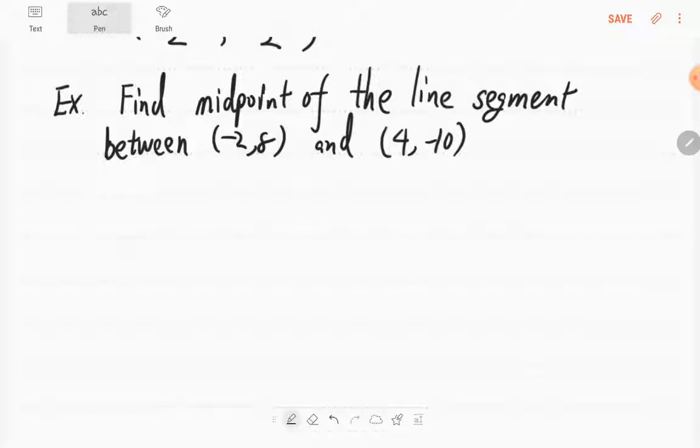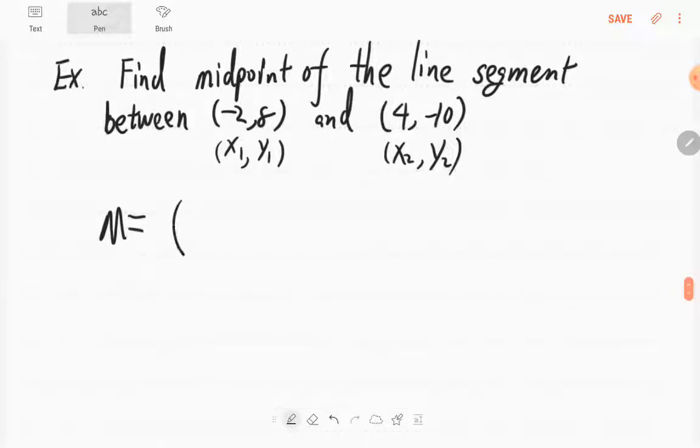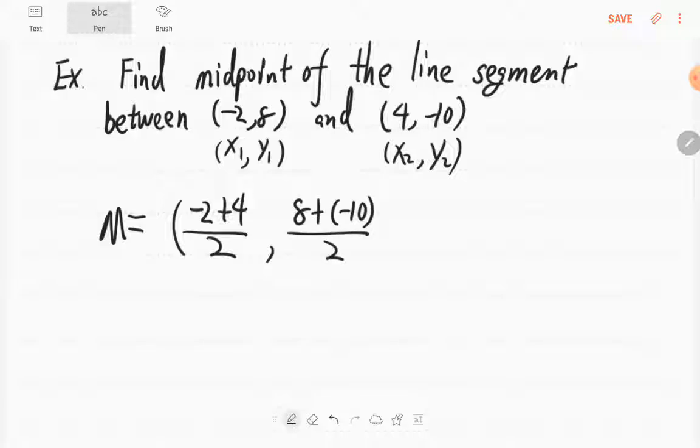So if this is x1, this is y1, this is x2, and this is y2, the midpoint is the average of the x-coordinates, which is -2 plus 4 divided by 2. And the y-coordinate is the average of the y-coordinates, 8 plus -10 divided by 2. So this would be (1, -1).